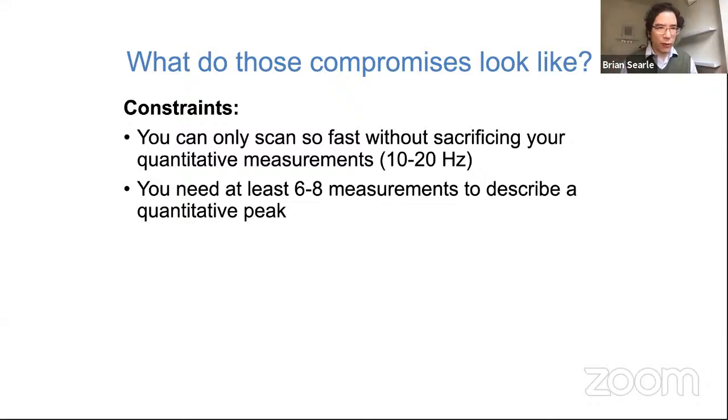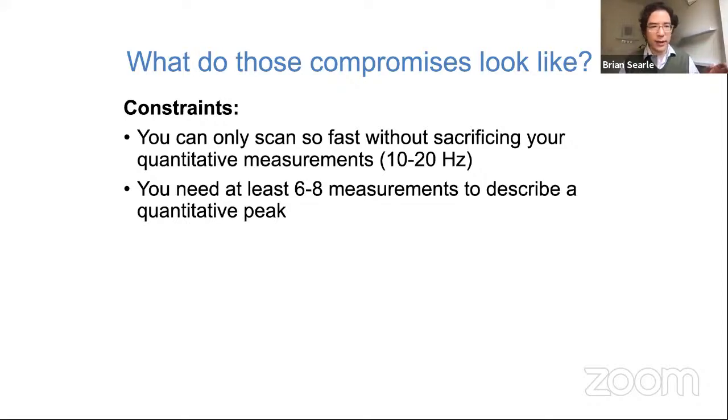You can get up to around 100 hertz on some TOFs, but as you start to speed up, you are dealing with fewer and fewer ions at any given point. So the actual MS2s that you're collecting are not quite as robust or accurate. So you're limited in terms of the scan speed at which you can acquire data, and usually we're thinking around 10 to 20 hertz, at best around 100 hertz.